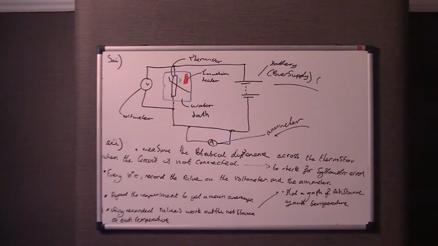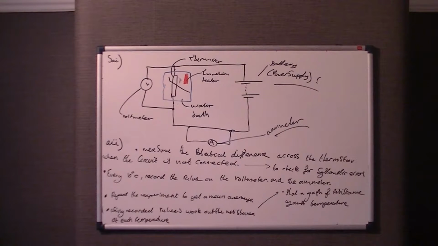Okay, and obviously because we've got a positive temperature coefficient, it should be a positive relationship between temperature and resistance, so we get a positive constant gradient.